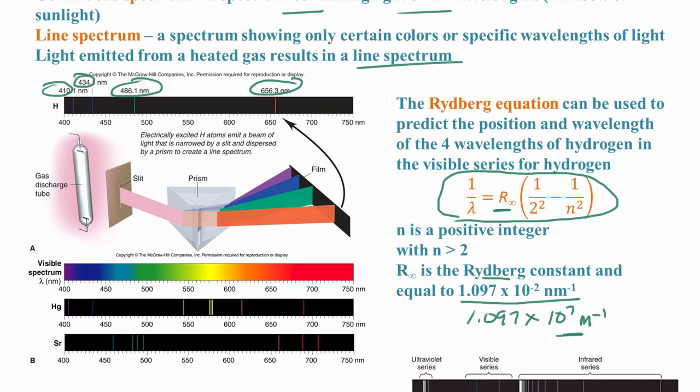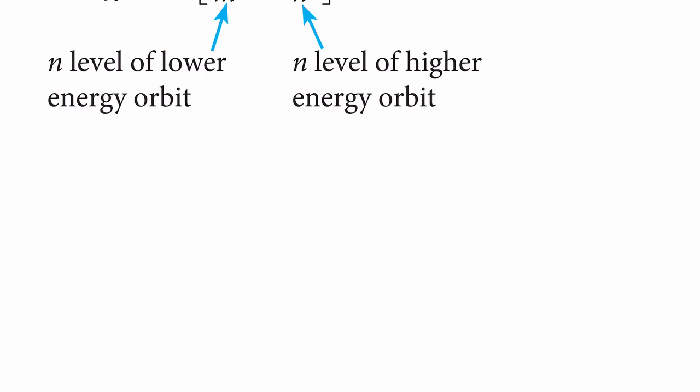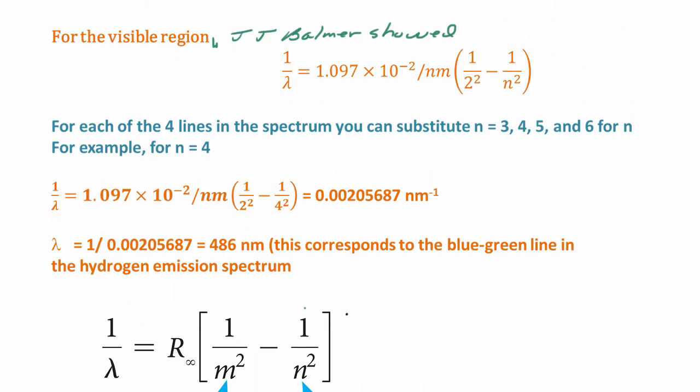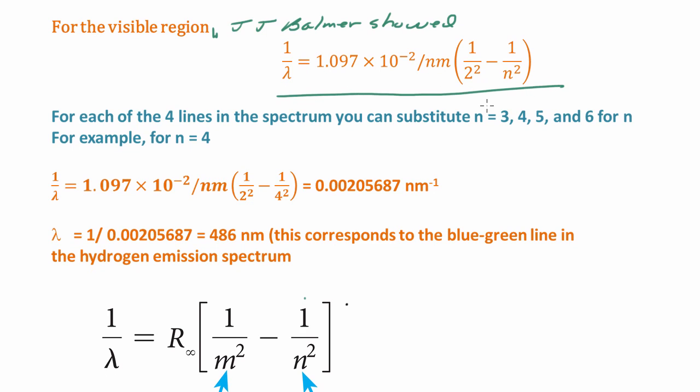Let's go to the next slide here, and we can talk about that. Here we go. Here's our equation again, and you will be asked to use this. For each of the 4 lines in the spectrum, we can substitute n equal to 3, 4, 5, and 6. So let's go ahead and do that for n equal to 4.